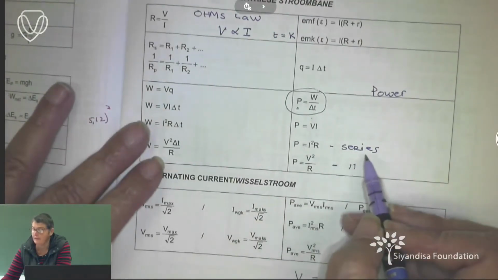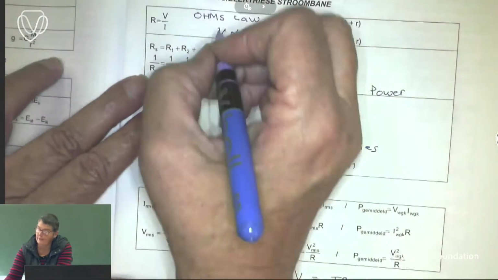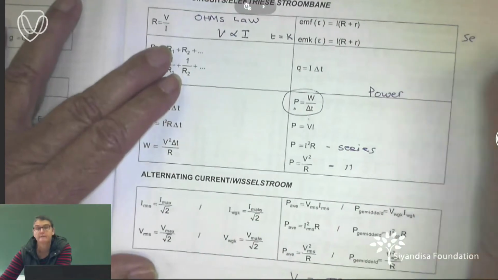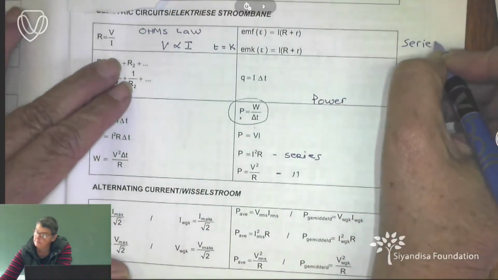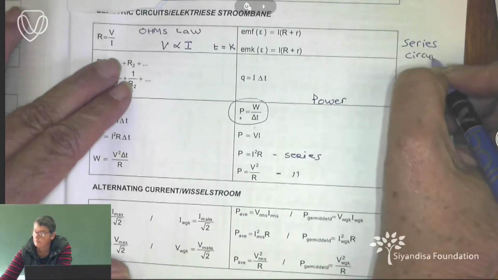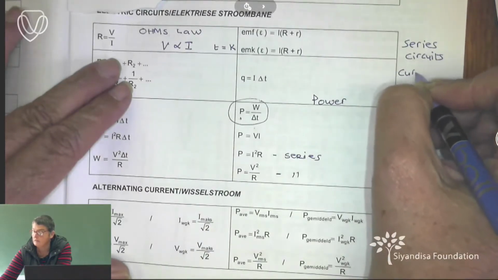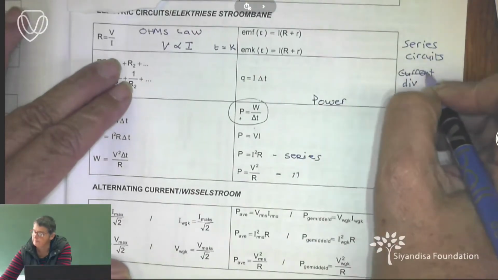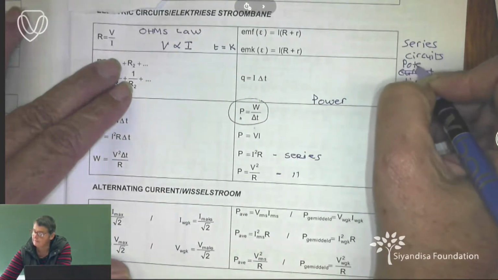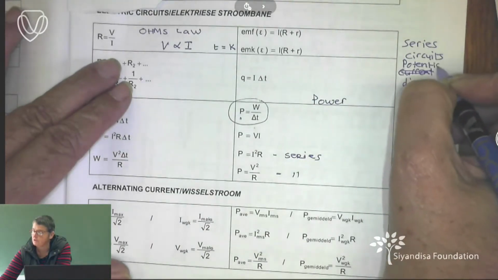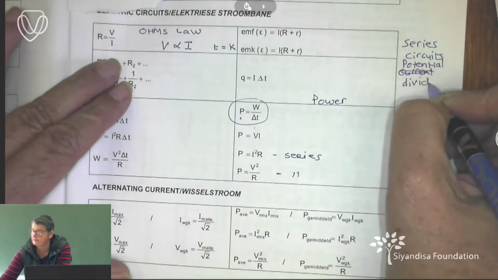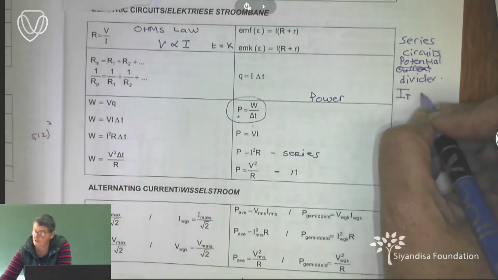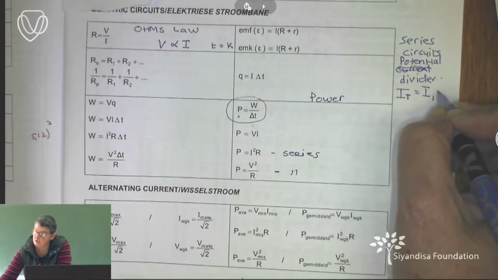Now, the reason for that is that, remember, we always said that series circuits are current dividers, potential dividers. Okay. What that basically means is that the total current in a series circuit remains constant.